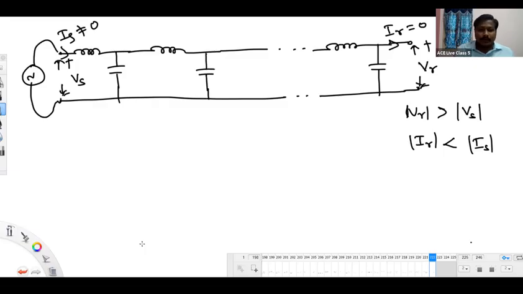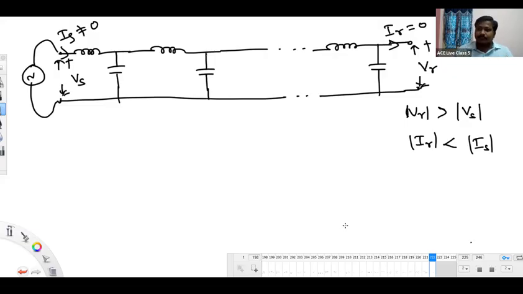Okay, so in practical transmission lines, if one quantity starts increasing, definitely the other quantity starts decreasing. We are discussing voltage and current now. If voltage magnitude starts increasing, current magnitude starts decreasing.